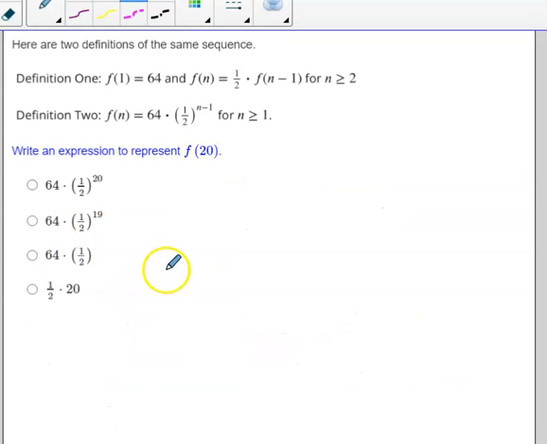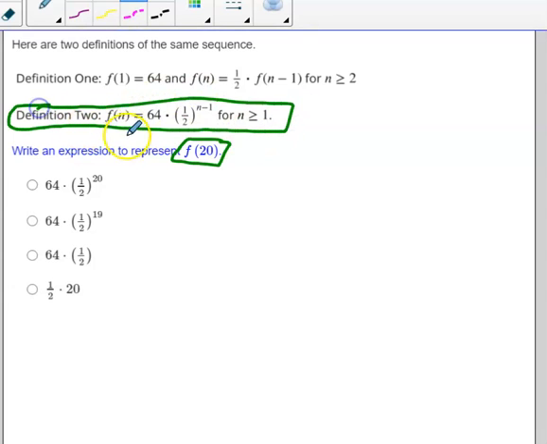The second part of this cooldown, you're using the same two definitions, but it's asking us to write an expression for f of 20. And these choices look like they're making use of the second definition. So if you want to find the 20th term of the sequence, all you've got to do is replace this n and this n by 20.